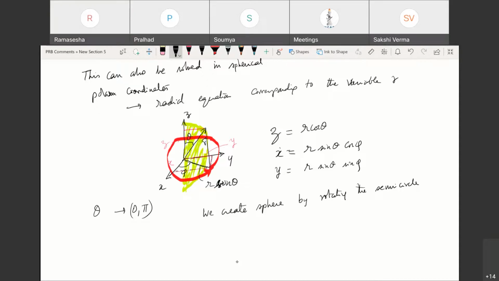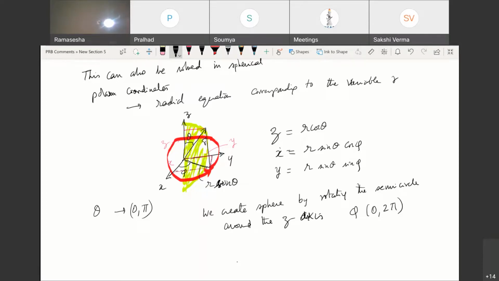So when you rotate it, the angle phi is going to change between 0 and 2 pi. So theta will go around, and the angle phi is 0 to 2 pi.